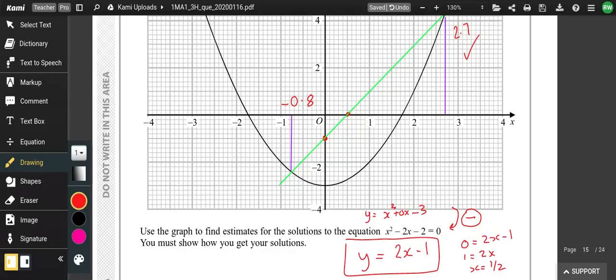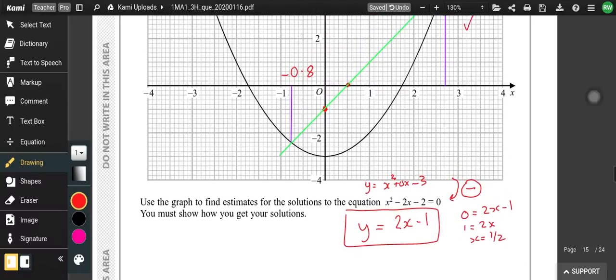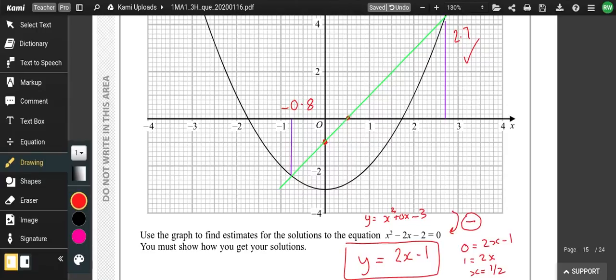So yeah, minus 0.8, that's pretty close. It doesn't mention the accuracy in this one, so there'll be a range. But if you're worried about that, you can maybe adjust your line slightly so that it crosses over at minus 0.7 instead.